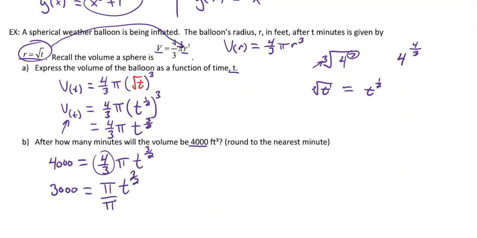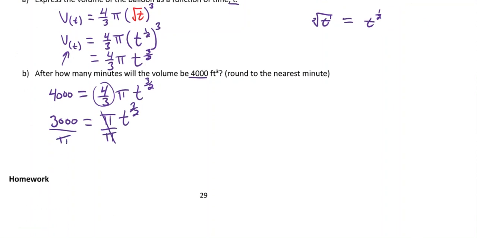I'm going to divide by pi on both sides. Okay, and then what do we get here? So then we got 3,000 over pi is equal to t to the power of 3 over 2. All right, what do you guys think we have to do now?